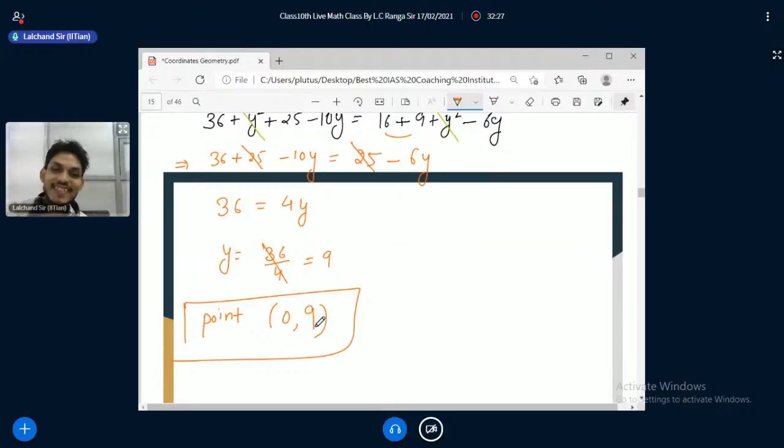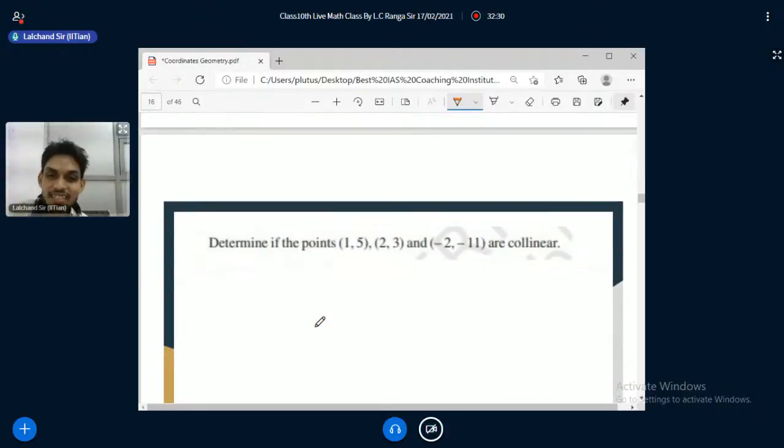Okay. So now, can you prove whether these points are collinear or not with the help of the distance formula? Collinearity of these three points using the distance formula.